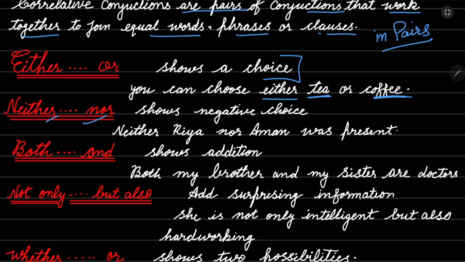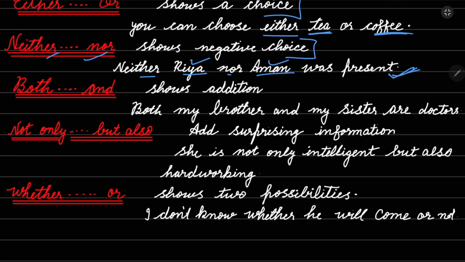Neither nor shows negative choice. Neither nor is also choice, but in negative sense. For example, neither Riya nor Aman was present. Next is both and, which shows addition, means to add something.